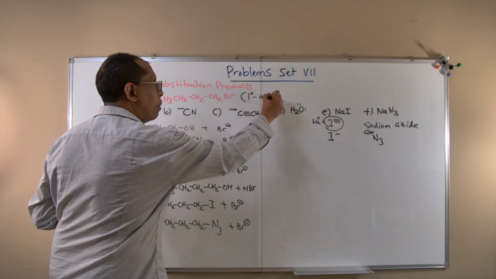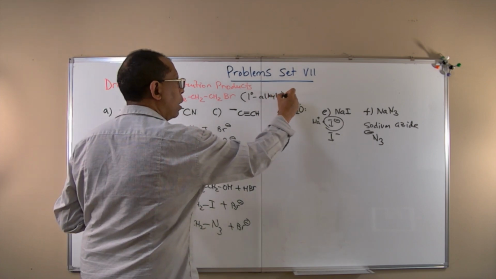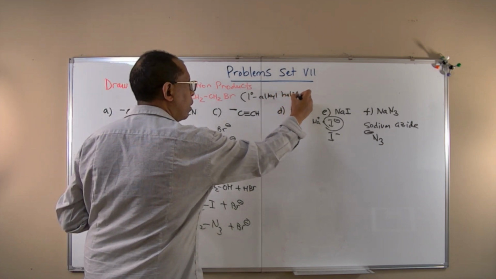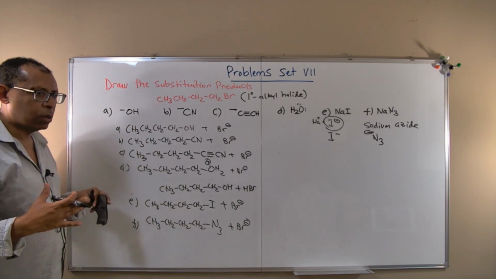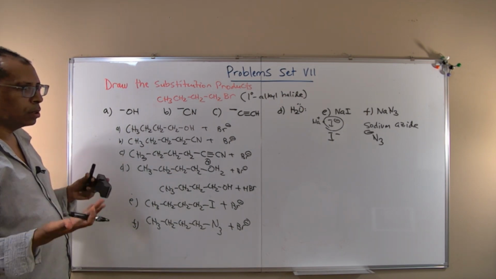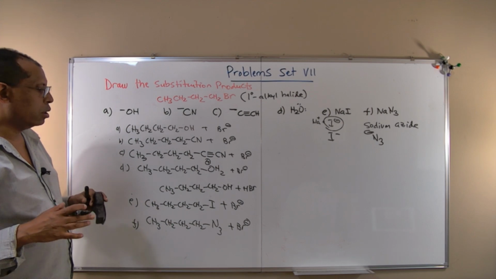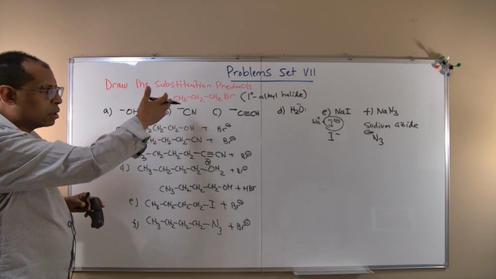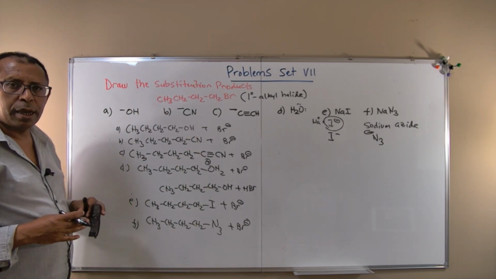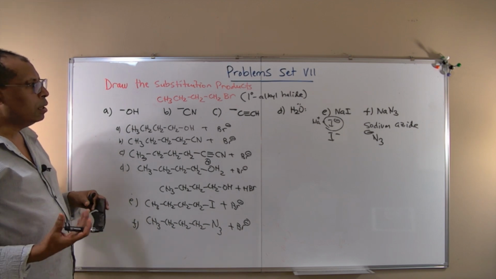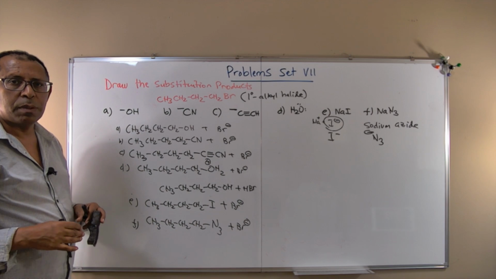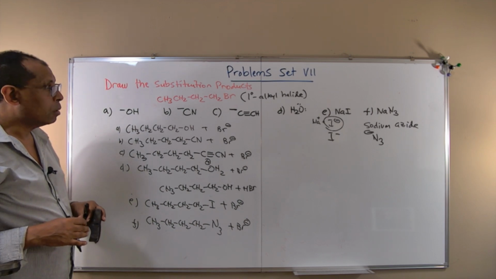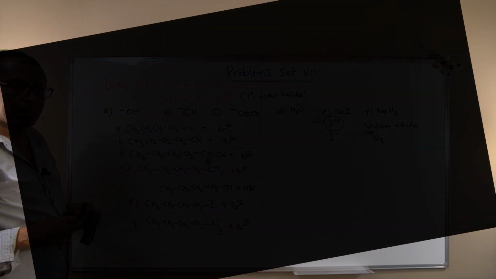In the meantime, I will also review things that, as we move along, you need to remember. This is a primary alkyl halide, so there is no steric hindrance. It can just do the substitution without much of a problem. By backside attack of the nucleophile, you make substituted products. So we'll pass to the next question.